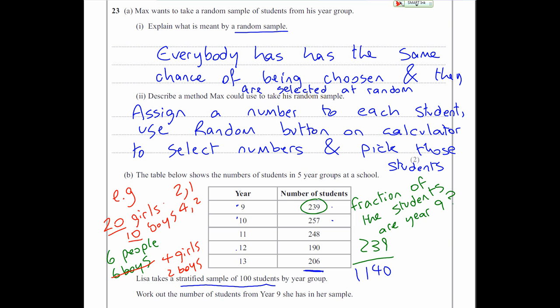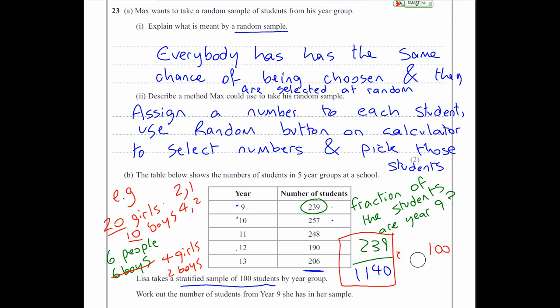So this is the fraction that are from year 9. So we want that fraction to be represented in our sample. So it's 239 out of 1,140 of 100 students.